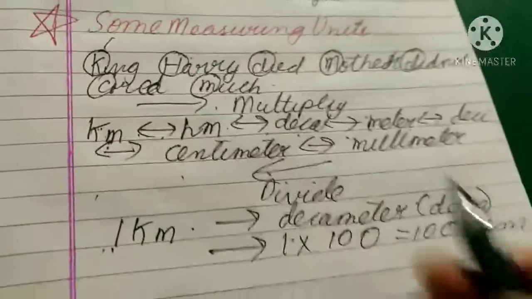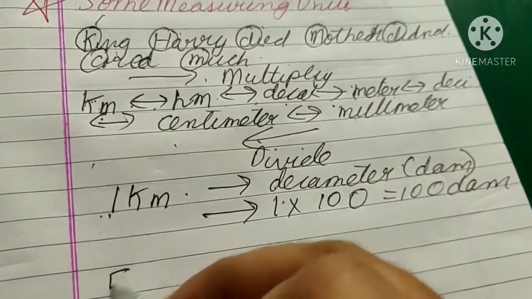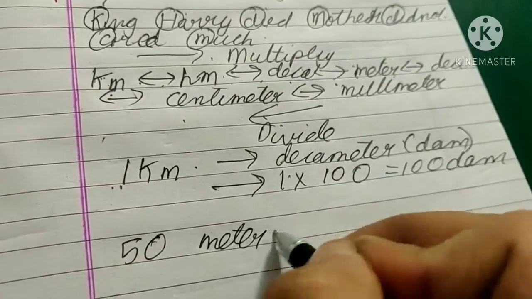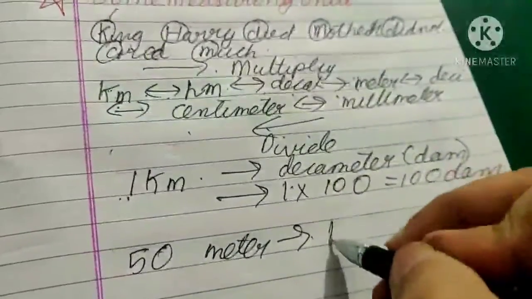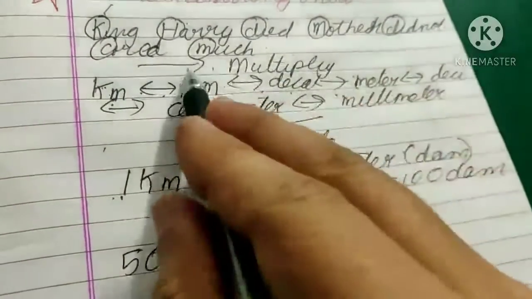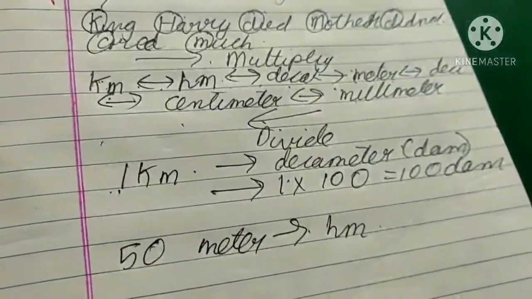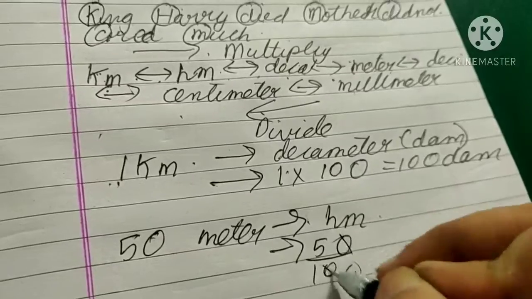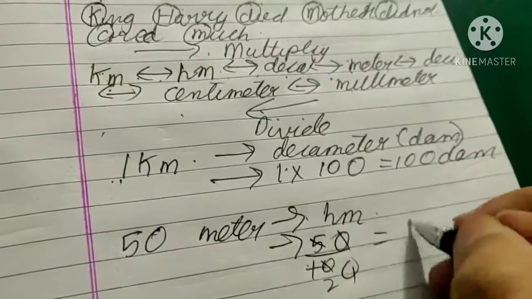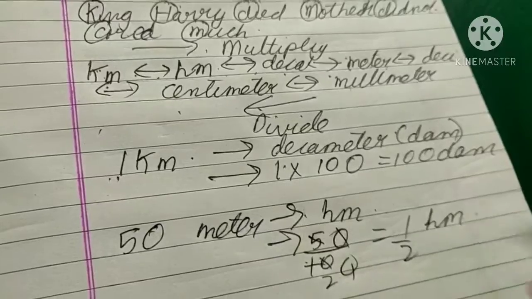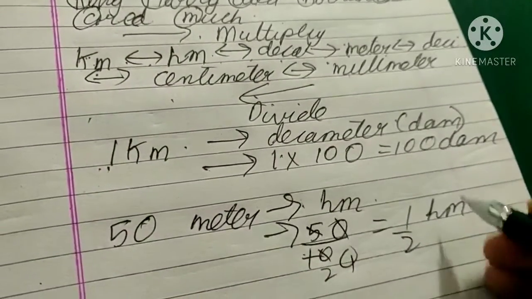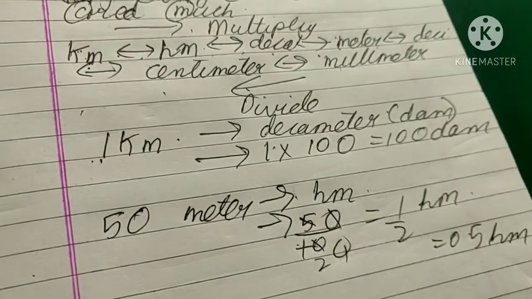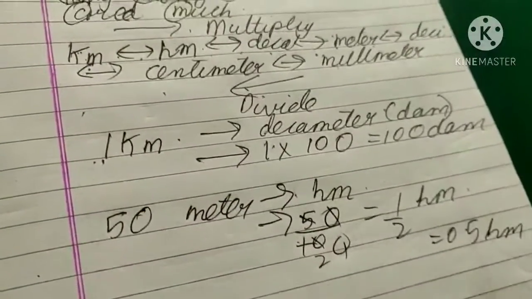Or you have to convert 50 meters into hectometer. That is 2 positions in the left direction, which means dividing by 100. 50 meters is 1/2, that is 0.5 hectometer. So this is our answer. This way we convert them.